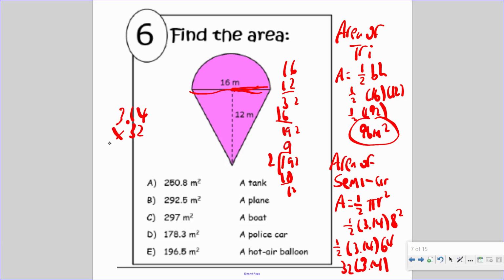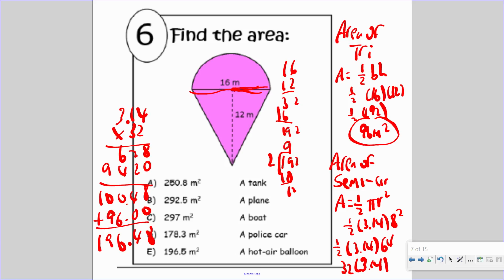That's 100.48. The area of the semicircle is 100.48, while the area of the triangle is 96. Together, it is 196.48, which is closest to E, hot air balloon.